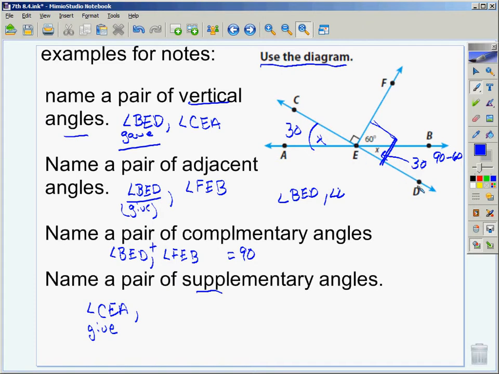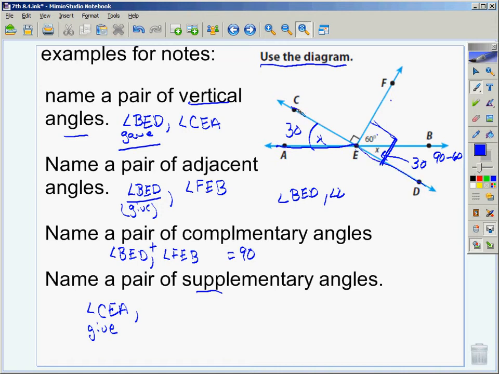CED is a straight line. No, BED is across from it. They're vertical. Anaya? BEF, 60 and 30 wouldn't add up to 180. AEF would not add up to AED.